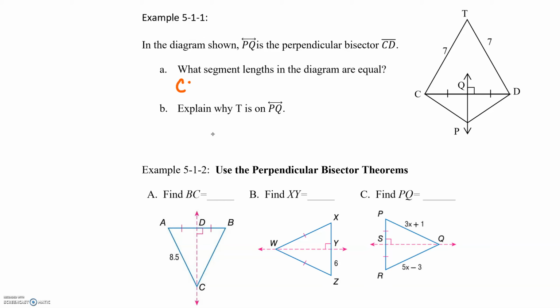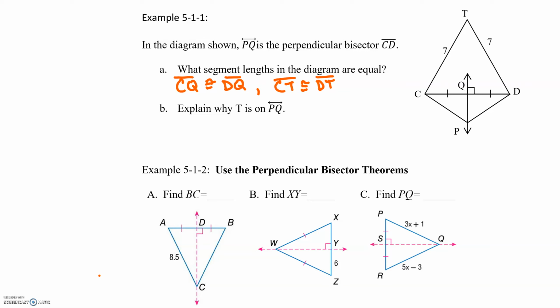So CQ is going to be congruent to DQ. And then if those are congruent, we can see this is 7 and this is 7. So those are going to be congruent. So that's going to be CT is congruent to DT.